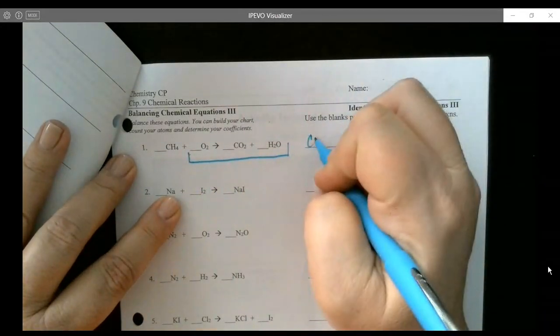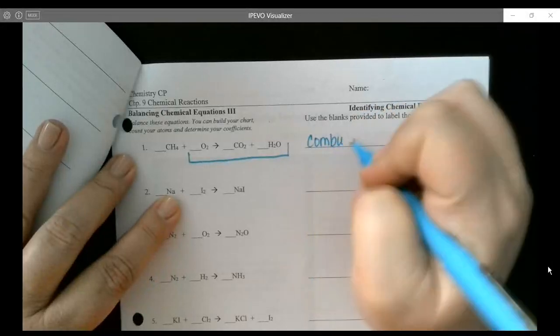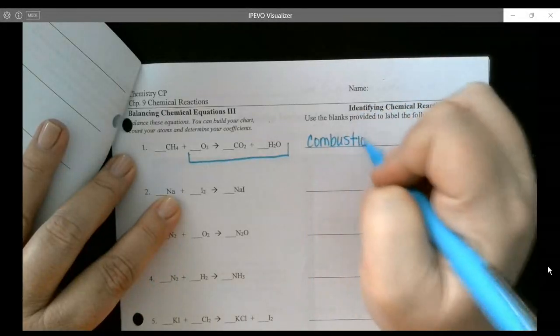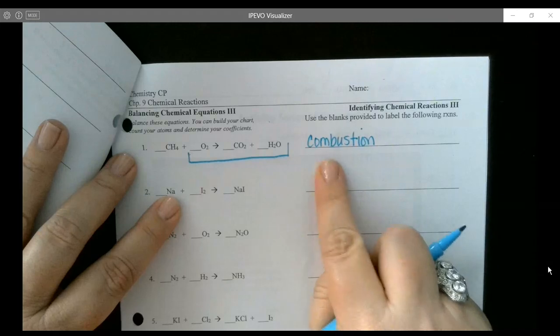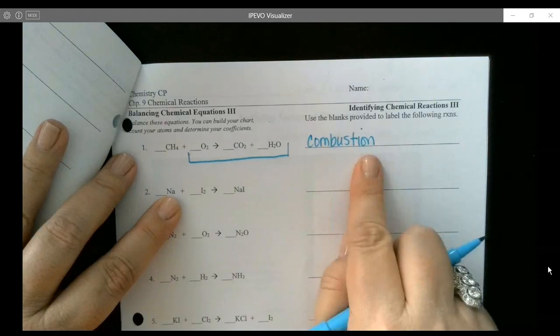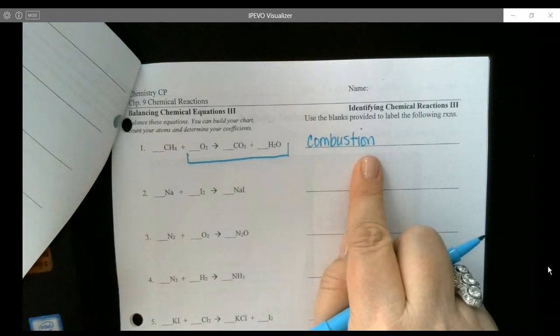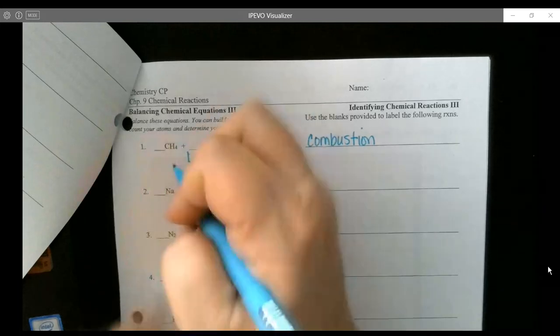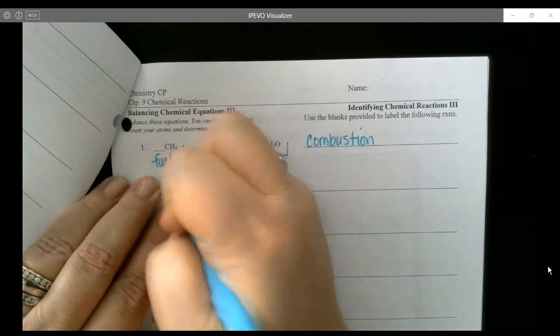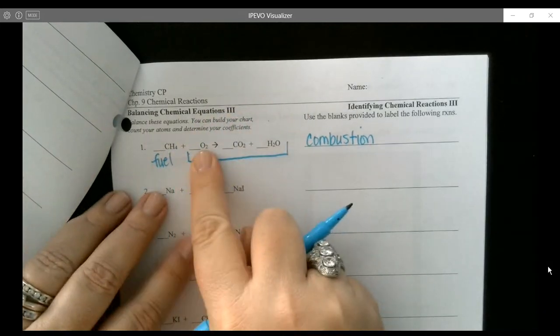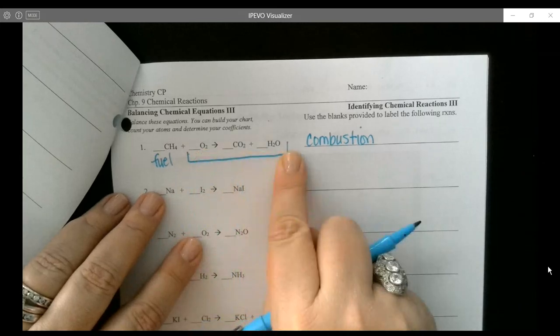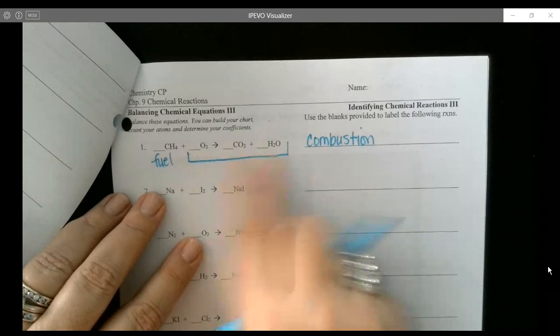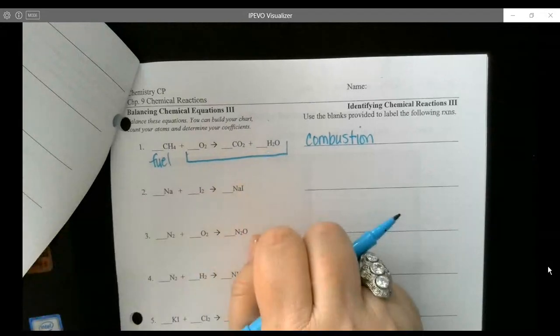I know this is a combustion reaction. Okay? So when we look at a combustion reaction, again, remember that something is burning, a fuel. So this is my fuel, and it's burning in the presence of oxygen, and it's producing carbon dioxide and water. Okay? So this is what I'm looking for each time.